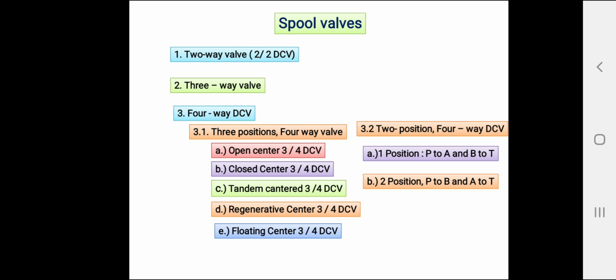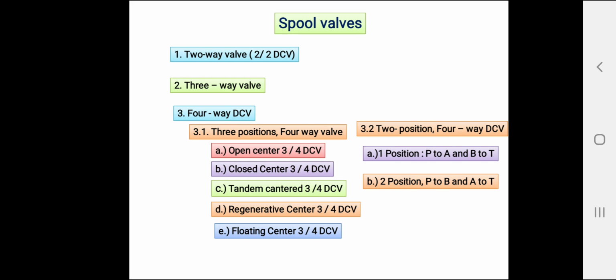Four-way valves are again three-position four-way valves: open center 3x4 DCVs, closed center 3x4 DCVs, tandem center 3x4 DCVs, regenerative center 3x4 DCVs, and floating center 3x4 DCVs. Then two-position four-way DCVs are again classified as position 1, P to A and B to T, then position 2, P to B and A to T. We will discuss all these valves one by one.